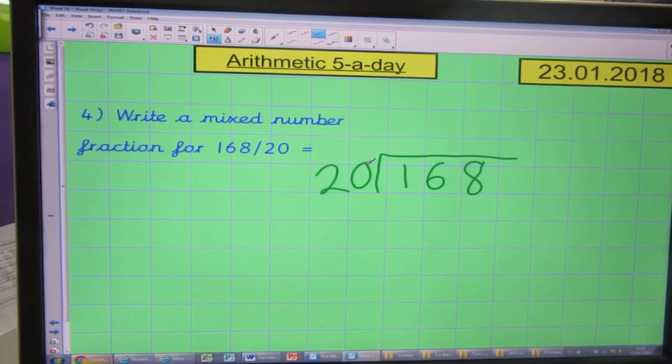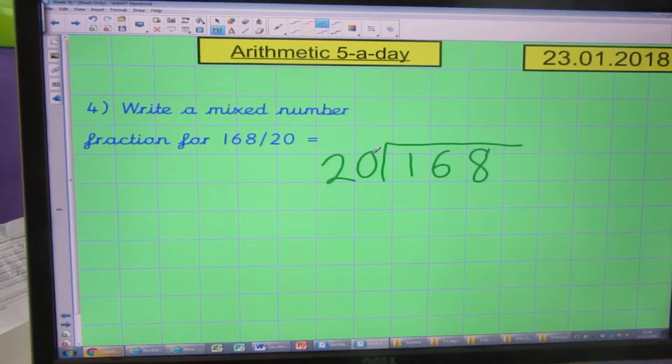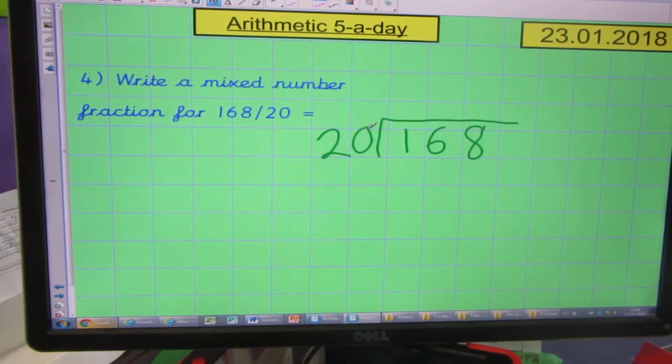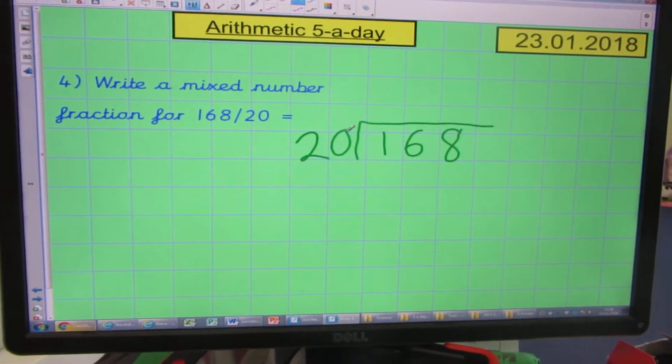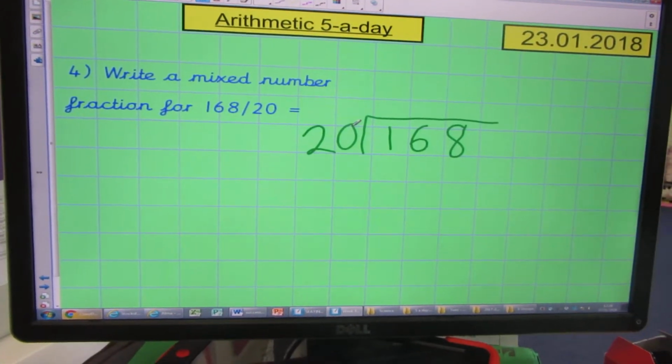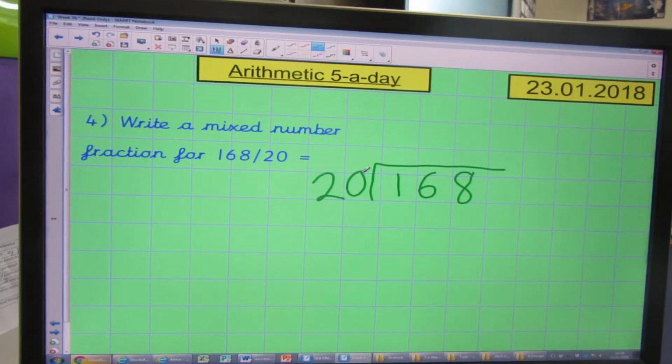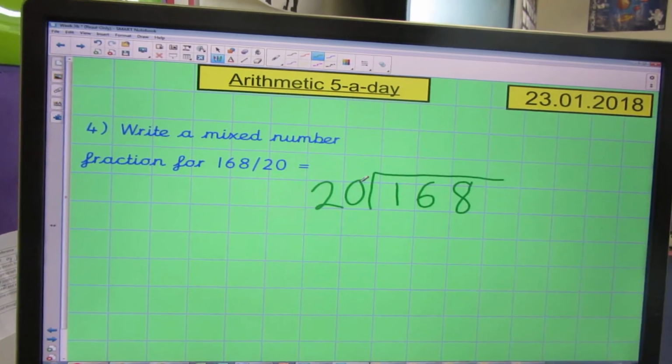Okay. We can't use the bus stop method for this number because my 20 is 2 digit. I could, however, use the bus stop method if I do something to help me. What would be a good idea to do to help me? Anna? Write your 20 times table. Right.